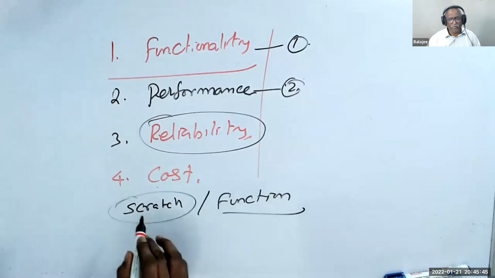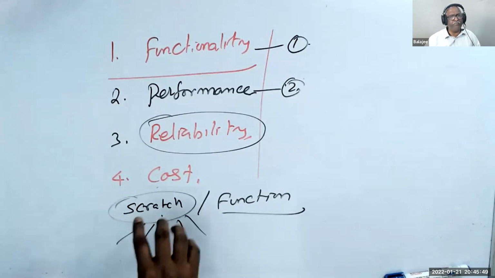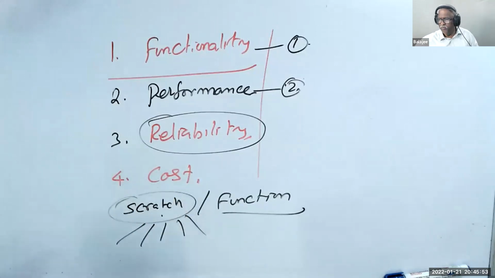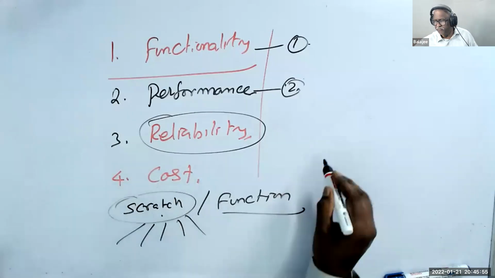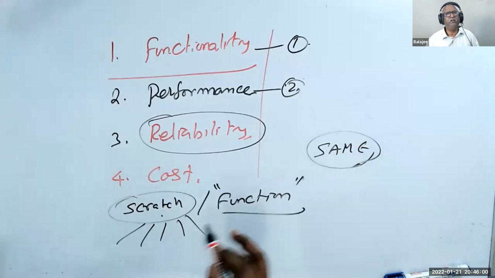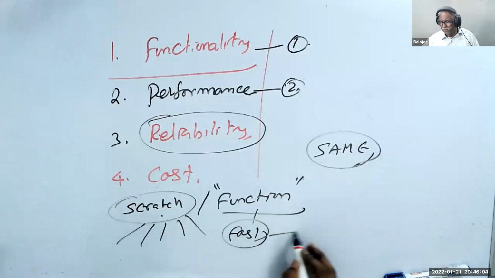Because once you learn scratch, all microcontrollers are the same. The from-scratch methodology will work on any microcontroller. But the function approach will give you speed. The company will be happy.